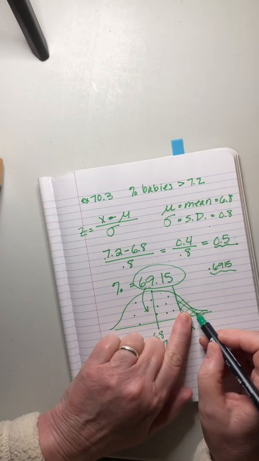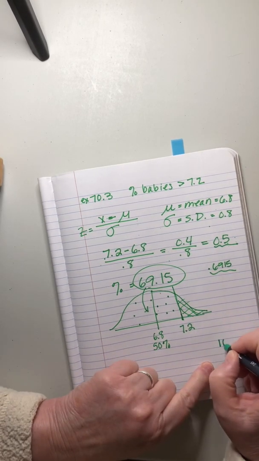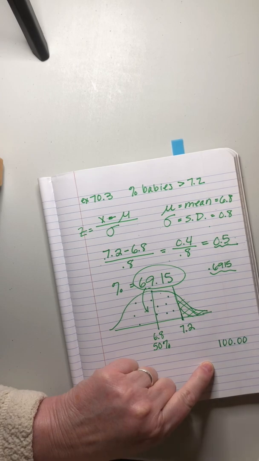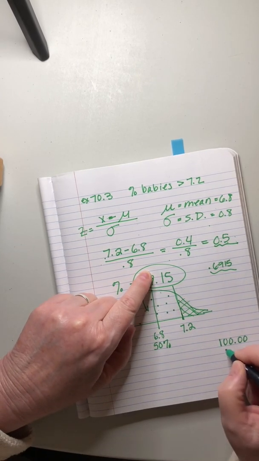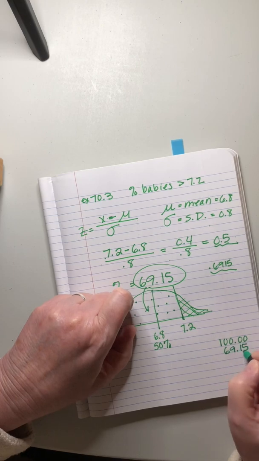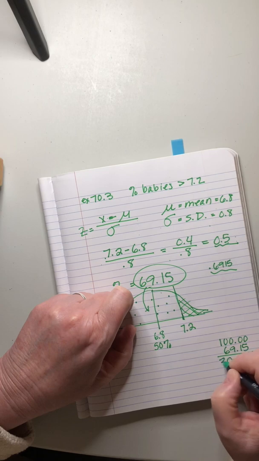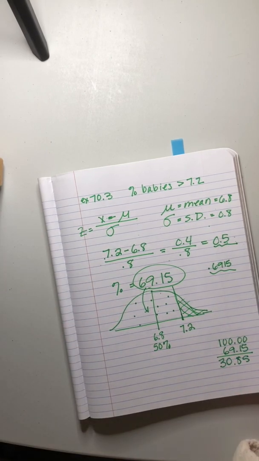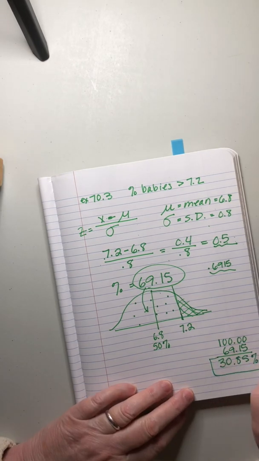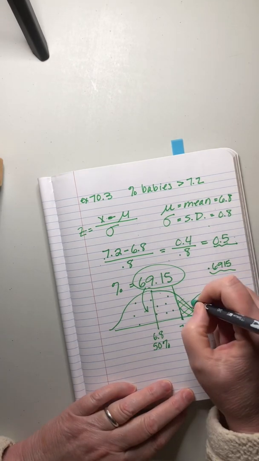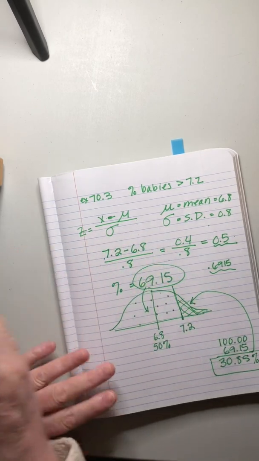But we want to know how many are over 7.2. So what we have to do is take 100%, all the babies, and subtract 69.15. That will give us 30.85%. So that means 30.85% of the babies are in this group, right? Because the percentile measures everything behind the line.